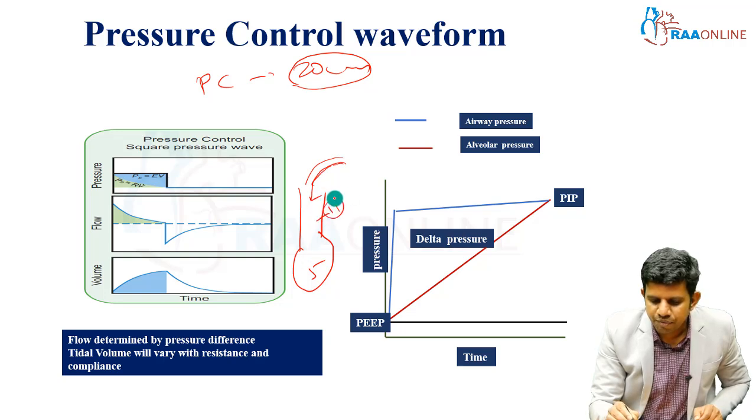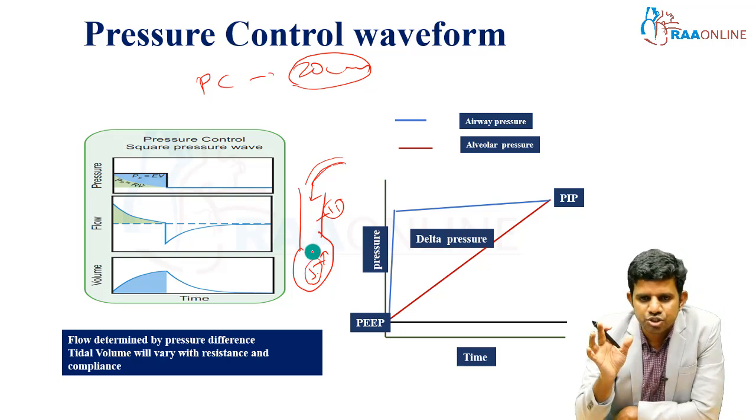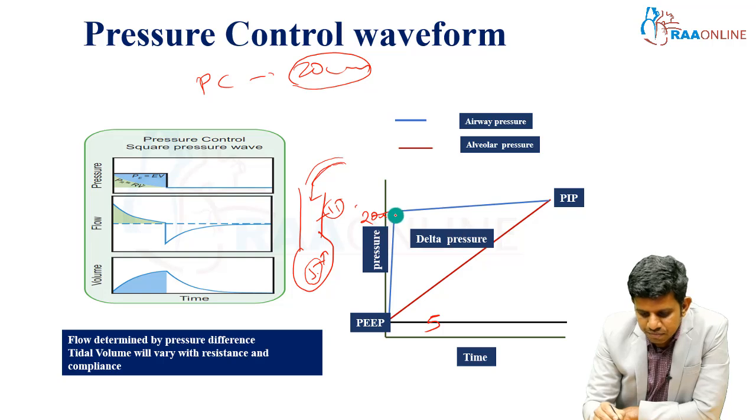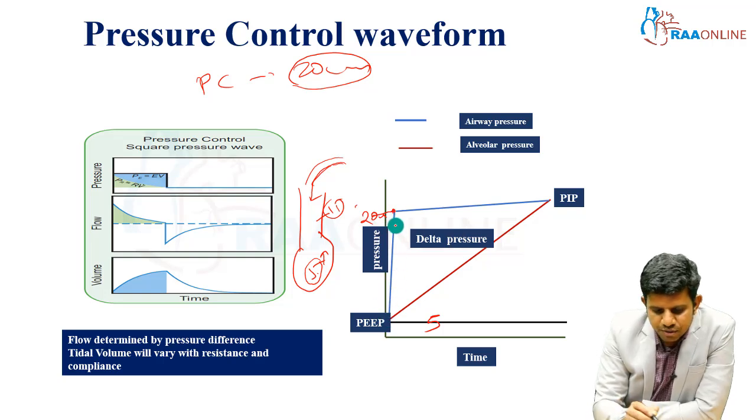Okay. Once the alveoli start filling, the alveolar pressure will go up and the pressure difference will decrease. At the initiation of inspiration, my PEEP is 5 and my delivered pressure is 20 centimeters of water, so the pressure difference is very high. So, the flow will be maximum at the start of inspiration.